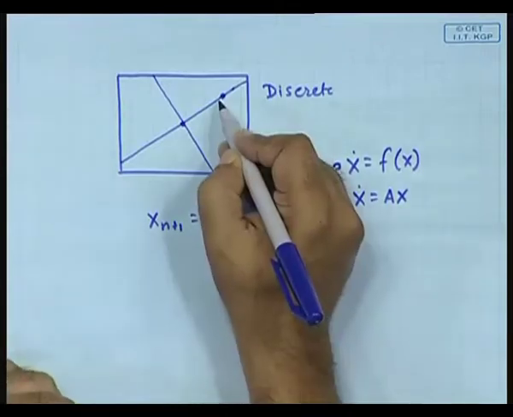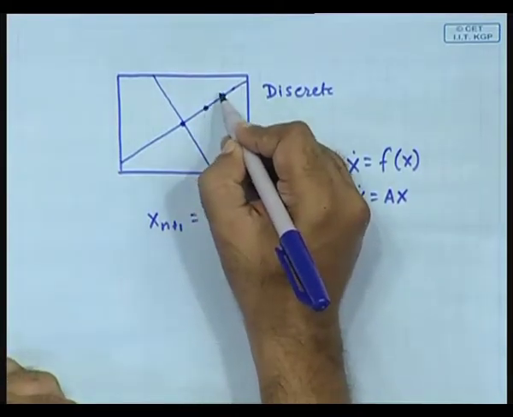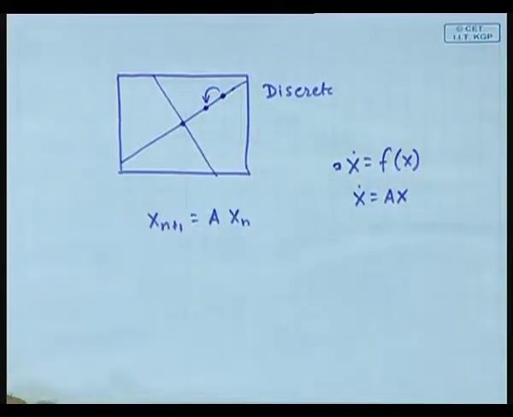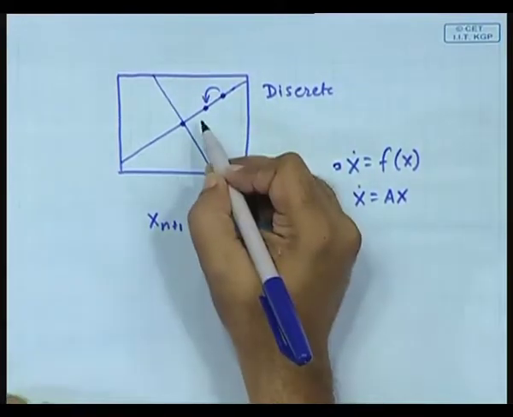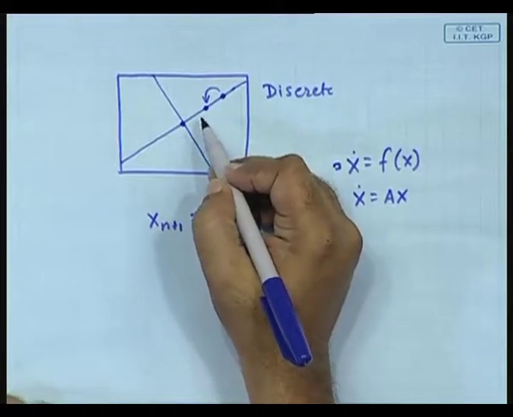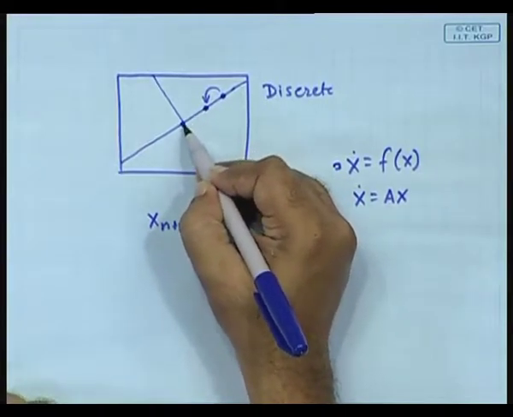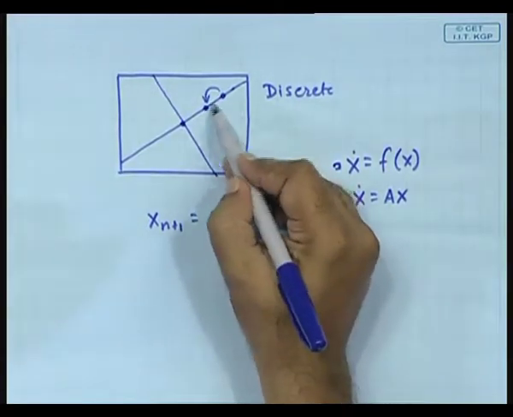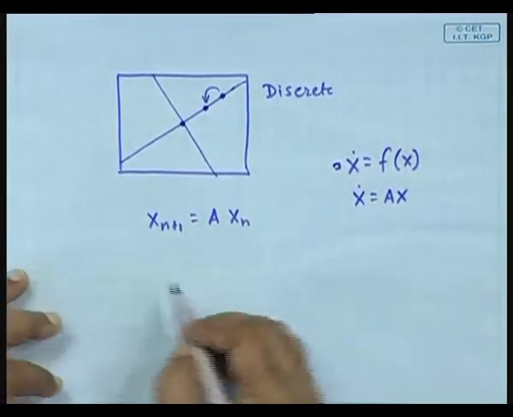So, if the initial condition is here, say in the next iterate it jumps like this. Then this distance divided by that distance will be the eigenvalue. This is the initial distance. So, what will you say?